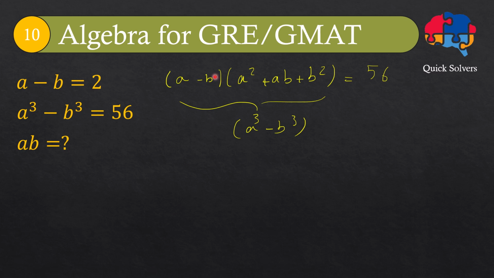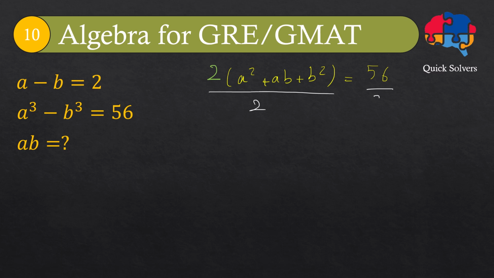And we already know that a minus b is 2, so I can replace that directly here by 2. If I do so, then I can divide each side by 2, and since the 2s cancel out each other and this equals 28, we can directly say this expression is 28.